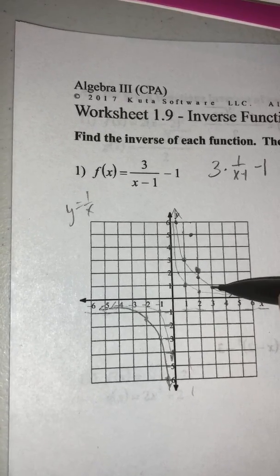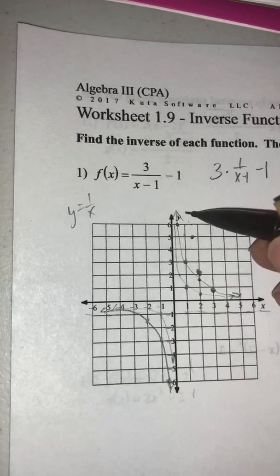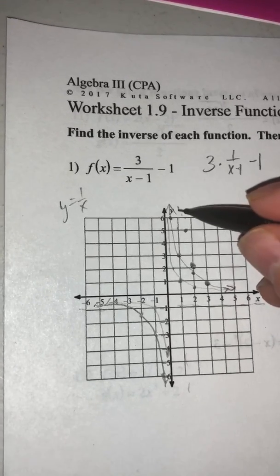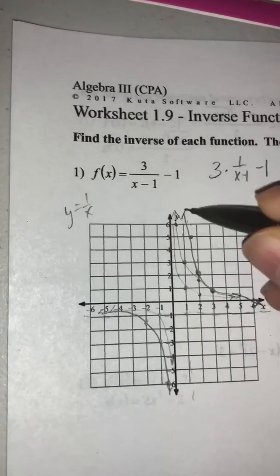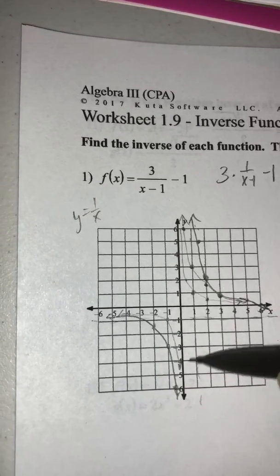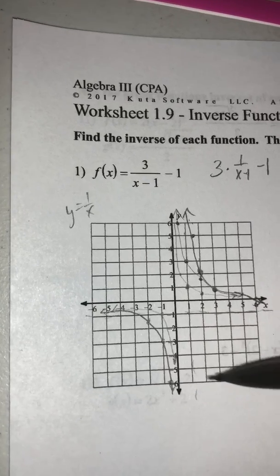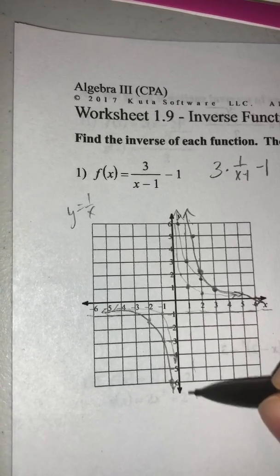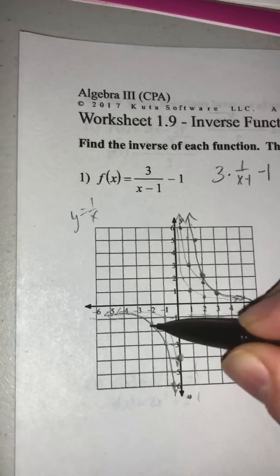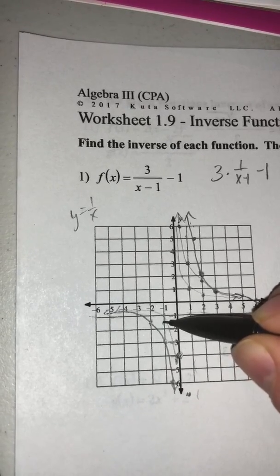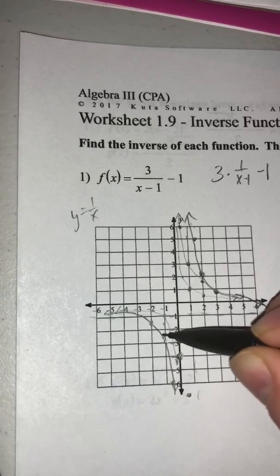Right 1, down 1. Okay, so I wish I had some colored pencils, but I don't. So that one's going to go there, and then the same thing happens with all these. We're going right 1, down 1. Right 1, down 1. Put you right at about a half.